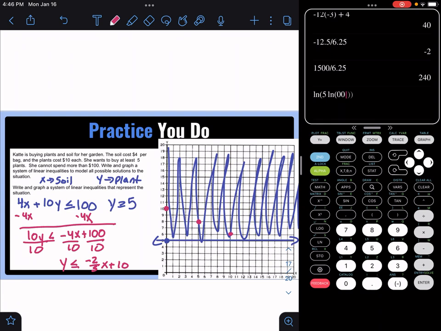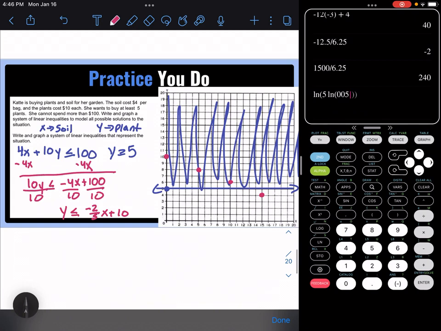Down 2 to the right 5, and continue the pattern across the graph. All right, and then that's equal to, so I can put a solid line.